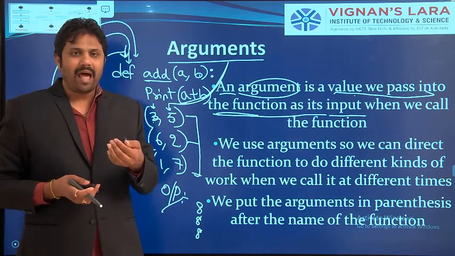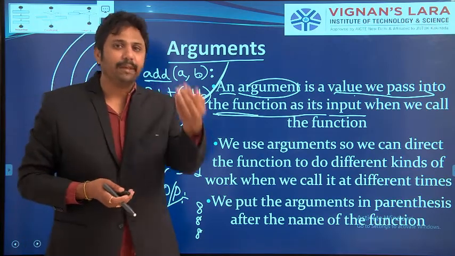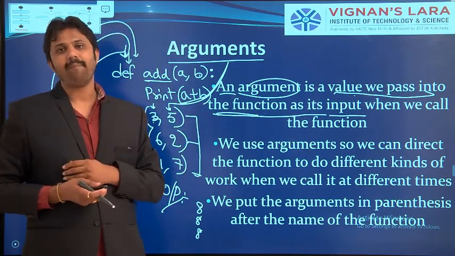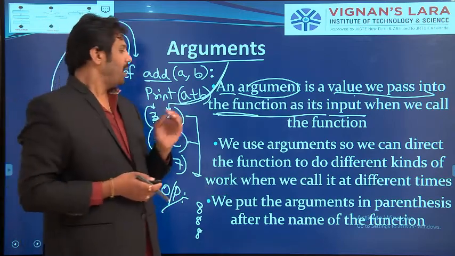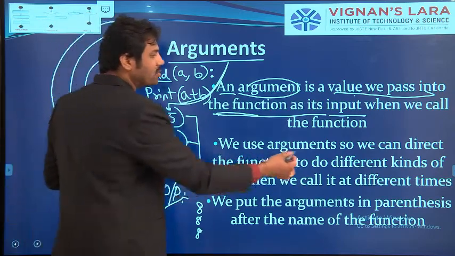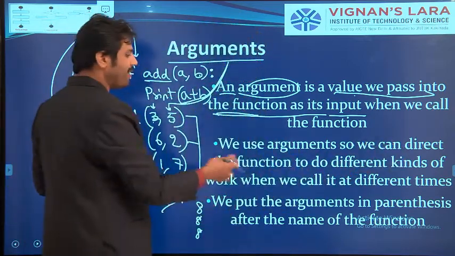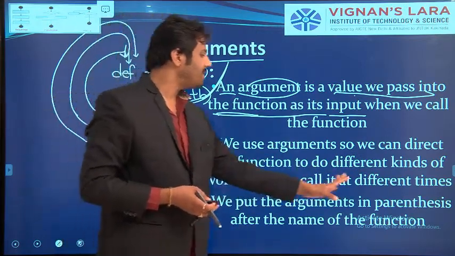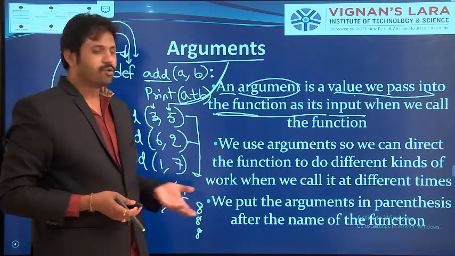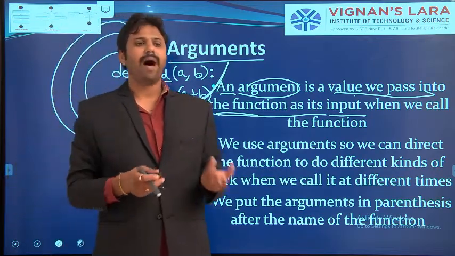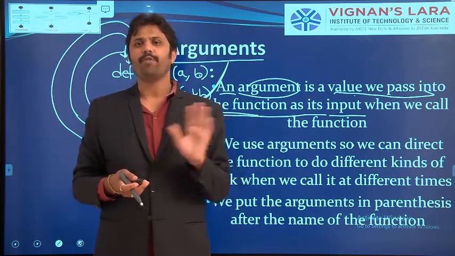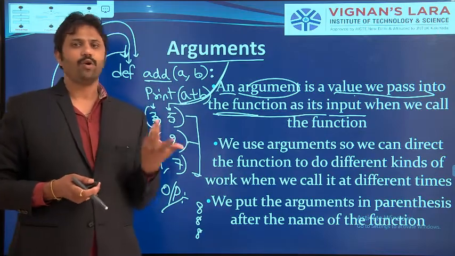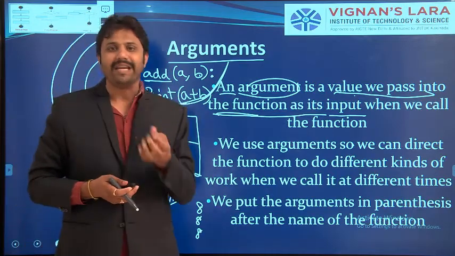We use arguments so we can direct the function to different kinds of work when we call it at different times. So arguments are not always the same. They may change, depending upon your needs.